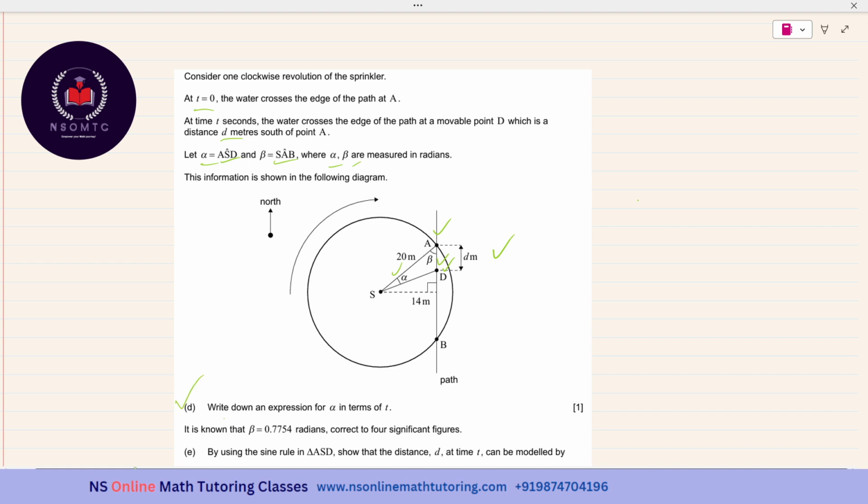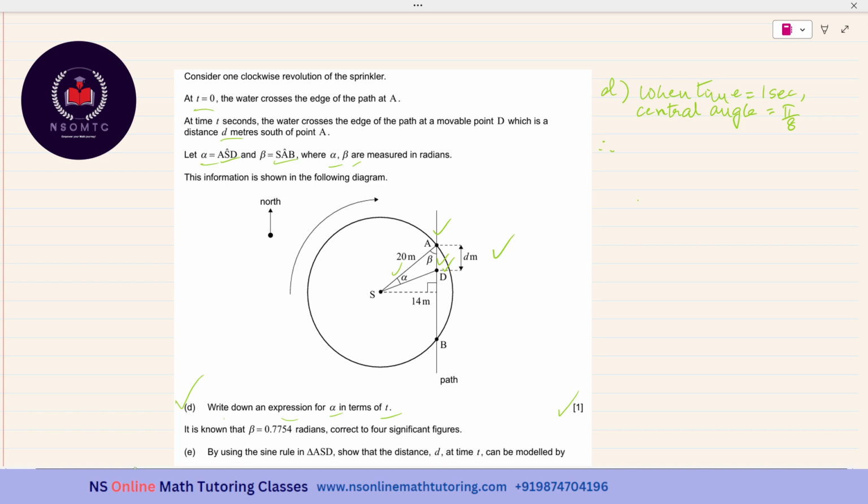The subpart D question is: write down an expression for alpha in terms of t. It carries just a single mark. When time is 1 second, the central angle is equal to pi over 8 radians. We have seen that.